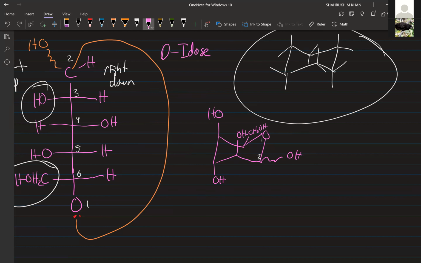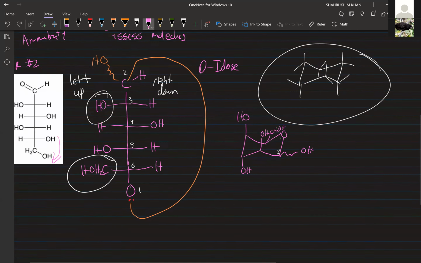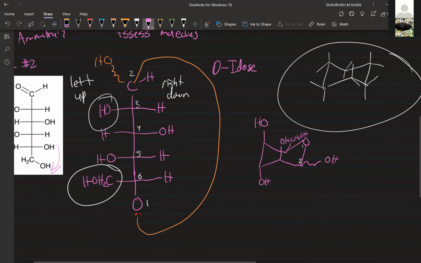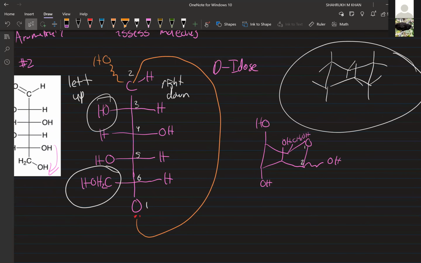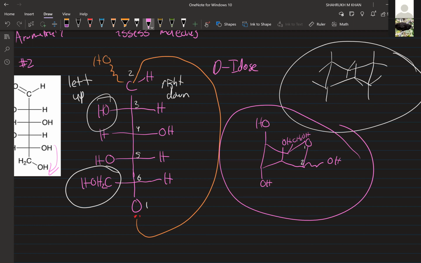So that's how it would exist in nature. That's how I would always do these questions: I switch the bottom to make sure everything's on the right side, and then I use this left side up, right side down thing. You can usually always get the right structure that way. It has so far never failed in getting the proper chair conformation.